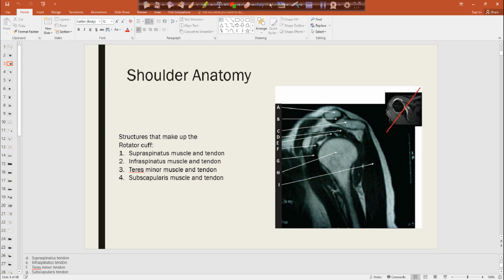So you can see all of the tendons here of the rotator cuff. So you know why an arthrogram could be beneficial, because they're all kind of near that joint space. If you have any leaking of that fluid that they inject during the arthrogram into these little areas where these tendons attach, it could be an indication of a rotator cuff tear.